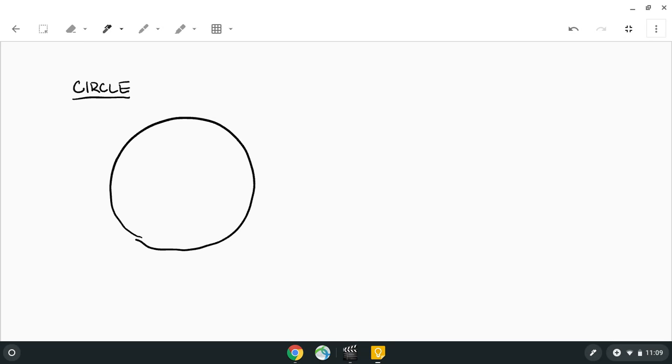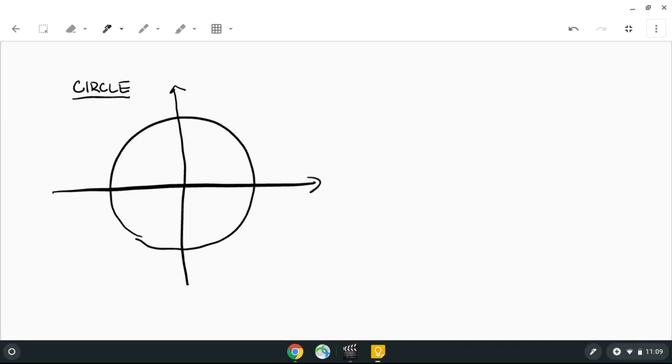So let's take a look at that with a circle. Not necessarily the unit circle, but a circle with some sort of radius r. So let's go ahead and draw this circle with radius r on x and y axes.